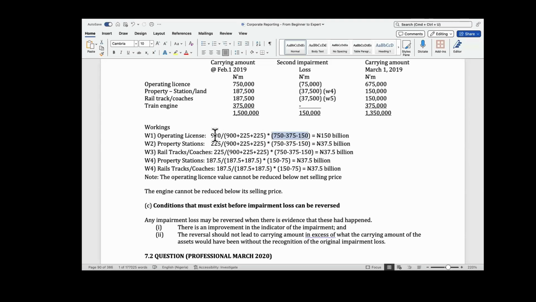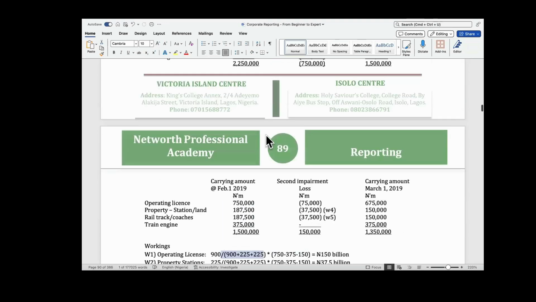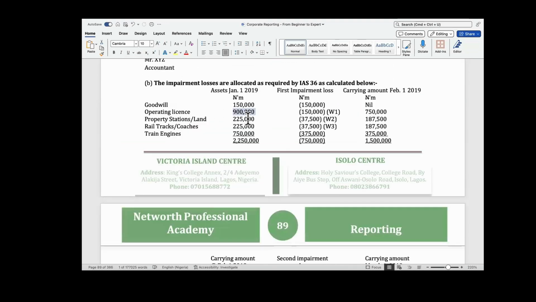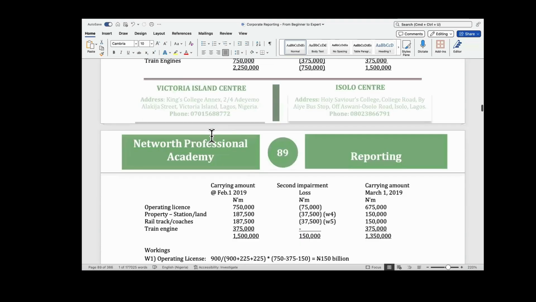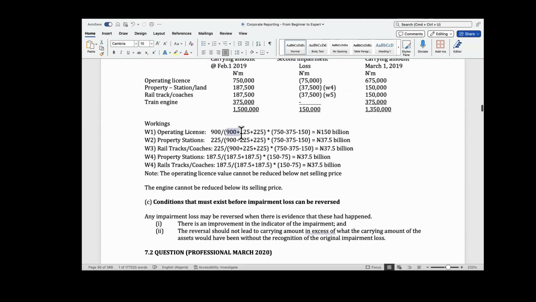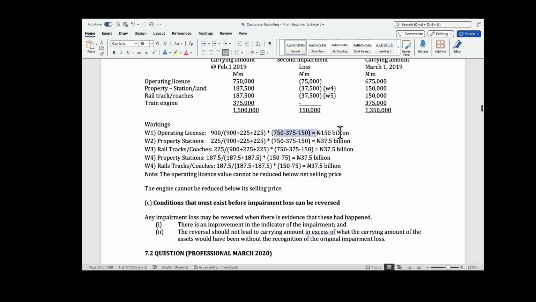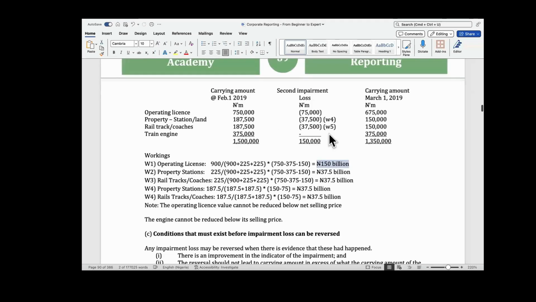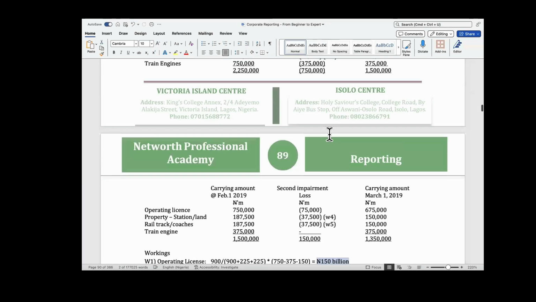So it's 900 divided by the sum of these three assets, multiplied by 225. That will give you 150. So the operating license is allocated 150.